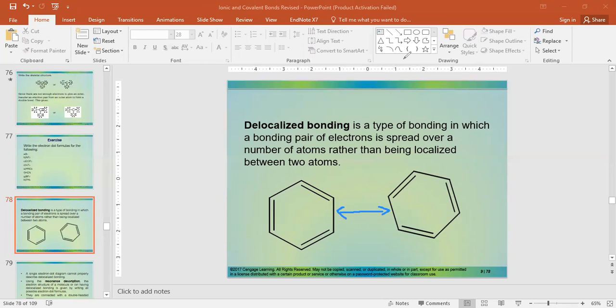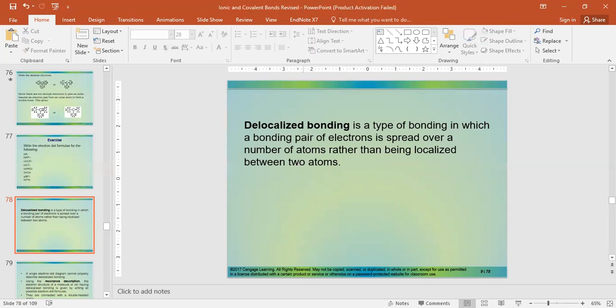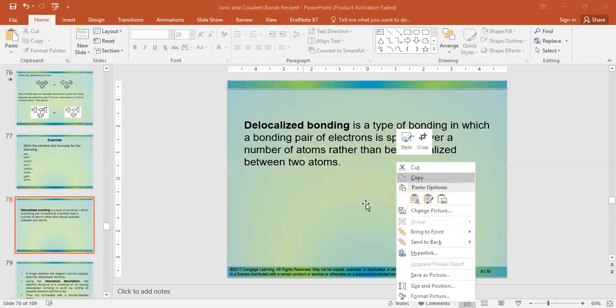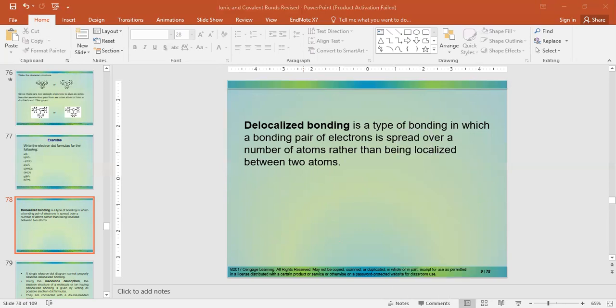For purposes of benzene, we usually represent these resonance structures by drawing something like this. In some cases, you'll be able to see a structure looking like this.